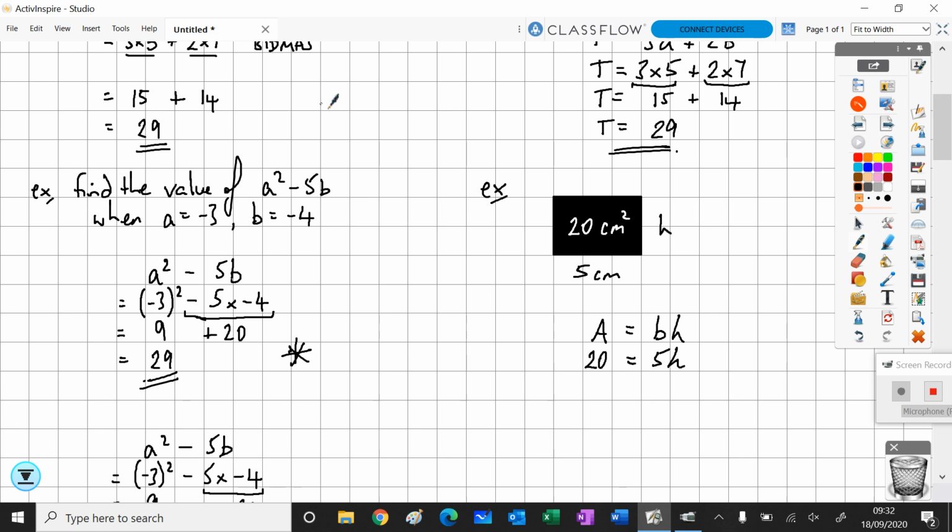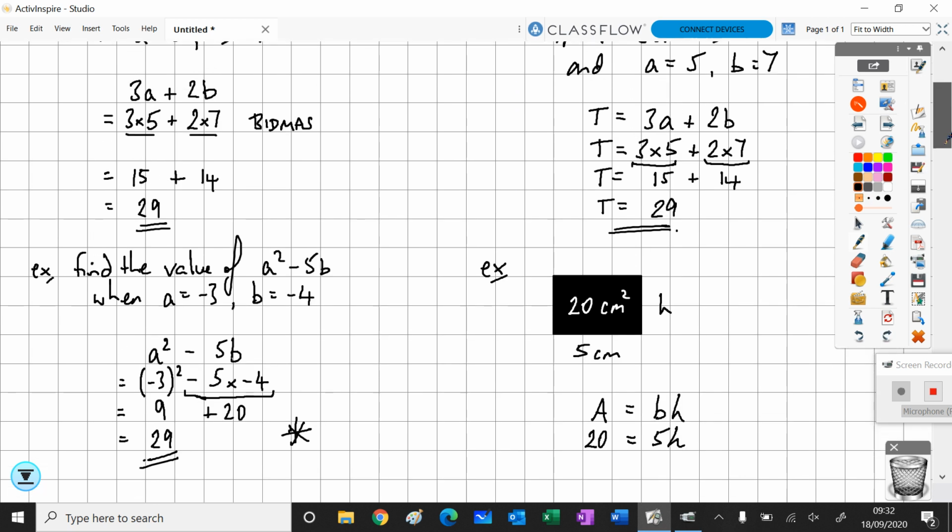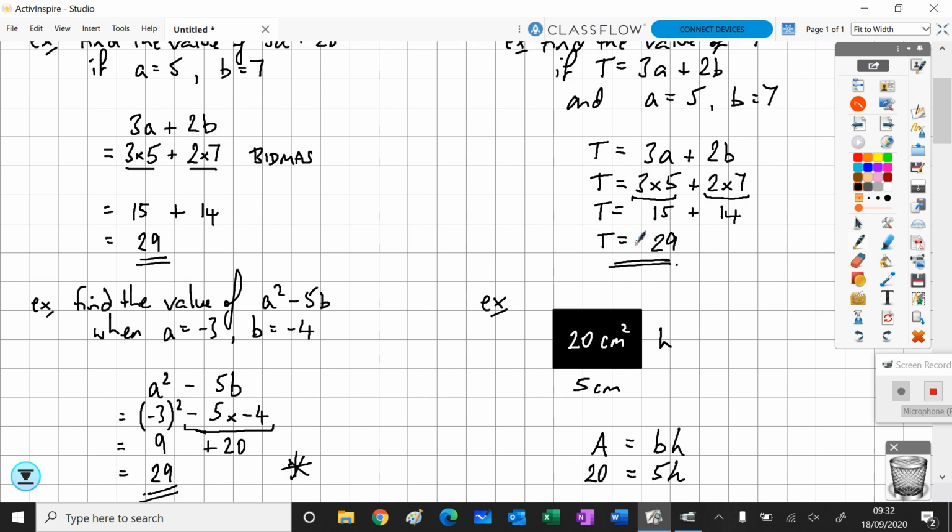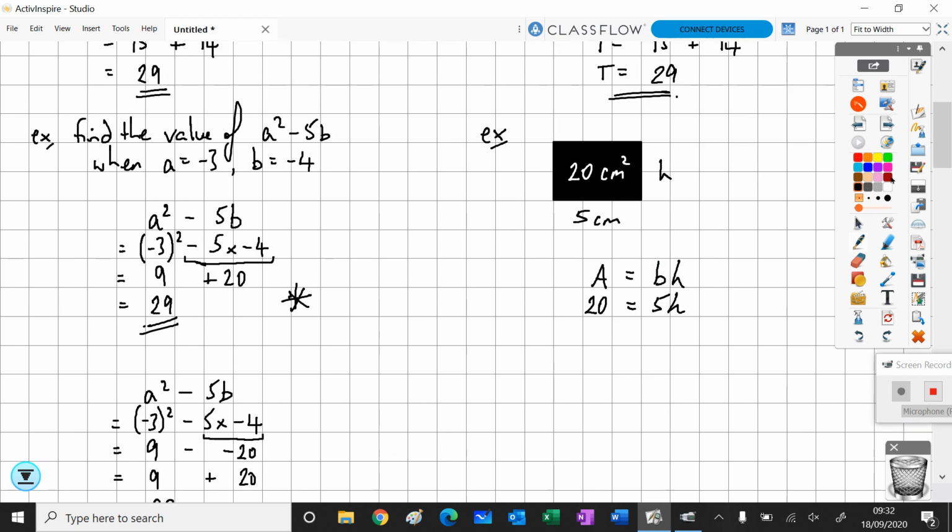So whereas in my first example, we were working out the value of t and it was already on the left-hand side, now we're working out the value of h and it's tucked up inside the more complicated bit of algebra. We know the area, and we just drop that value into the left-hand side there. 20 equals 5h. And then you need to know how to solve an equation, which isn't the point of this video.